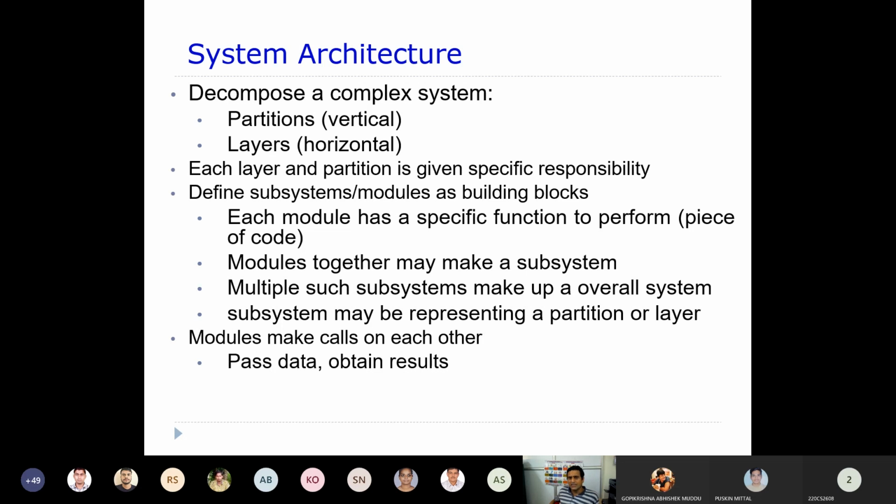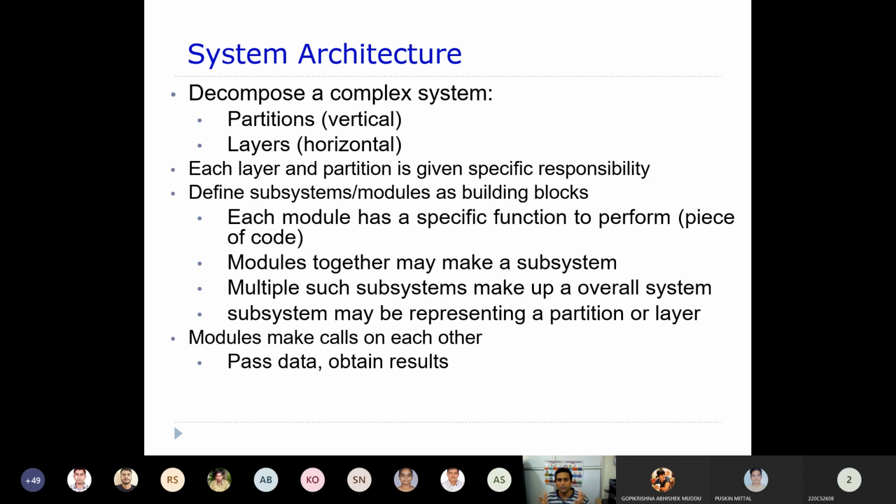Each module has a specific function to perform, and a function is a piece of code implemented using some programming language. Several modules together form a subsystem, and several subsystems together form the overall system. That is what I called a system architecture, or software architecture.